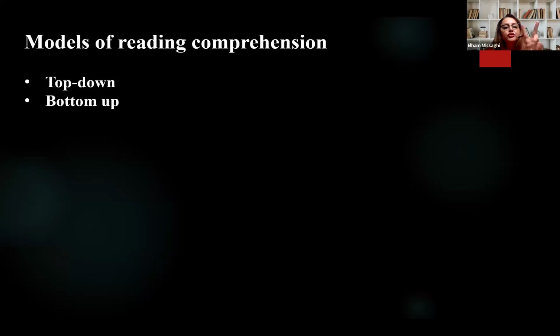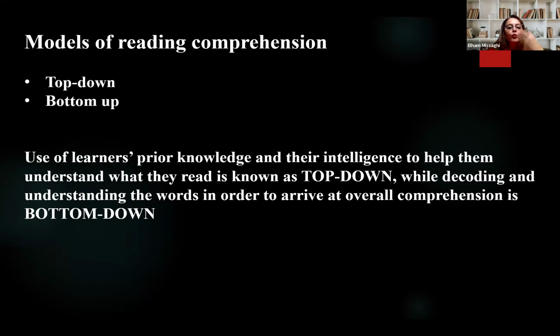What's more, we have two models of reading, top down and bottom up. So what is it? Basically, it means that sometimes you want your students to comprehend what happened in the text or what this text is about based on their previous information, or when you put them in the context, you pre-teach the keywords, or you ask some general questions through skimming, and then specific questions about the context through scanning or detailed questions.